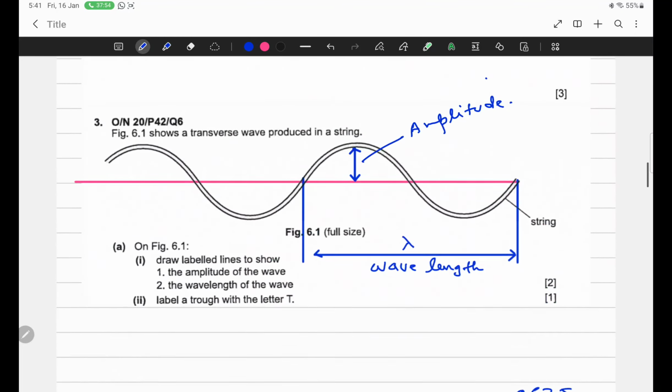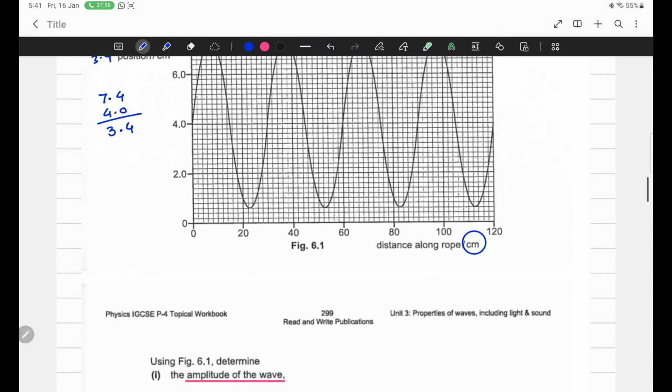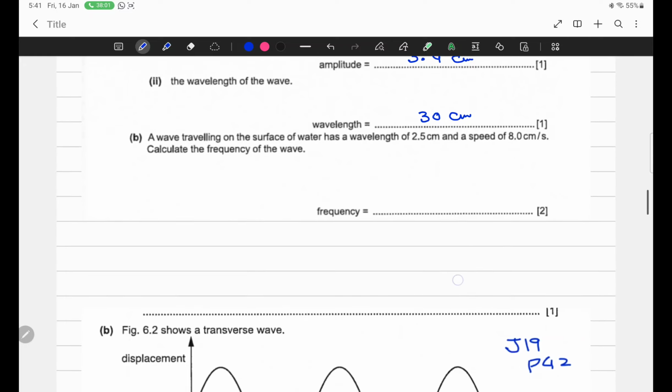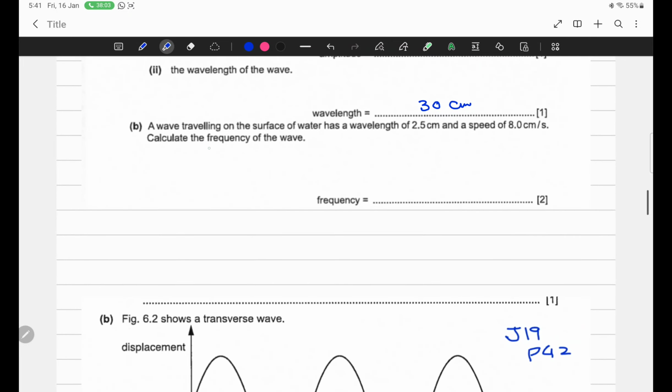So this question is also completed. Now question number 19 we have already done, but one part remains, the last part. Again they are asking to calculate the frequency of the wave, and you know the speed of the wave is the product of frequency and wavelength. Speed is given as 8 centimeter per second, wavelength is given as 2.5, and you are calculating frequency.